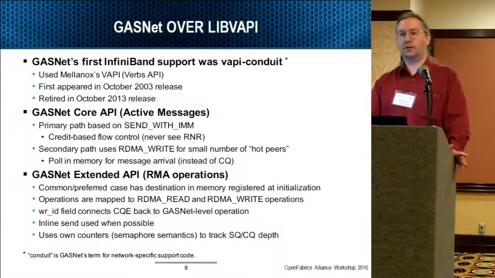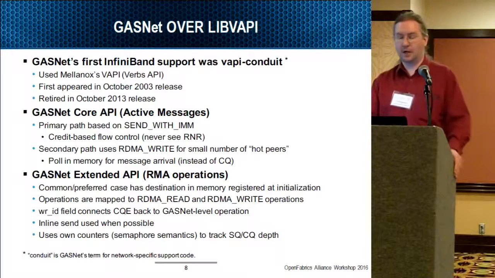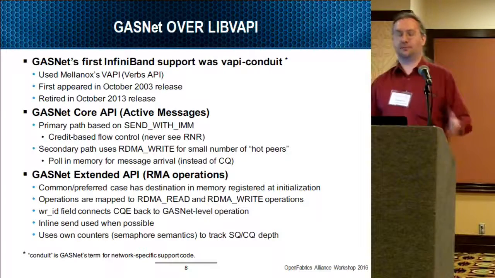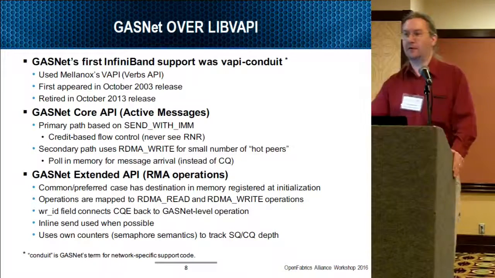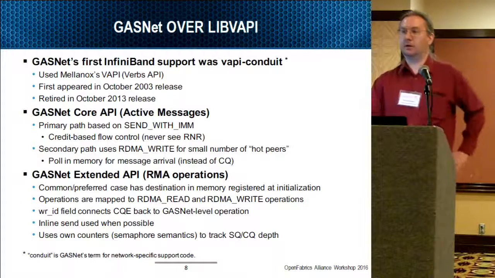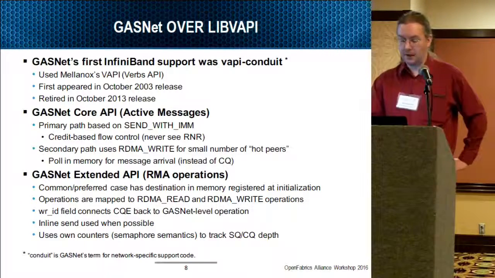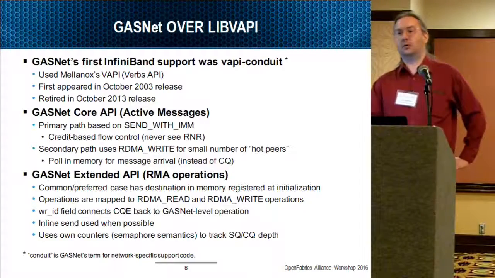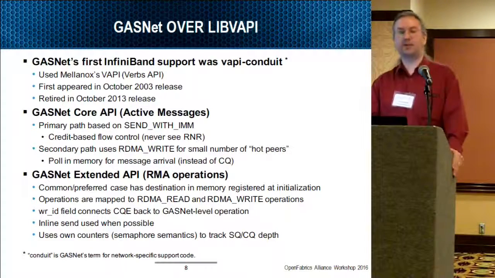And we use a credit-based flow control for these so that we never see a receiver not ready NAC on the wire. This avoids some bad network behaviors when you have all-to-one or many-to-one behaviors that might overrun a particular receiver. We also have, for some better efficiency, mechanism that pulls in memory rather than relying on a completion queue entry.